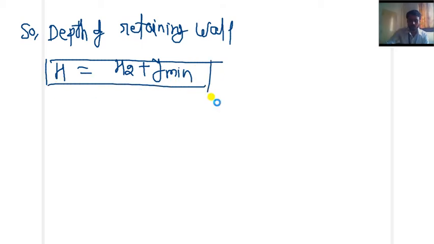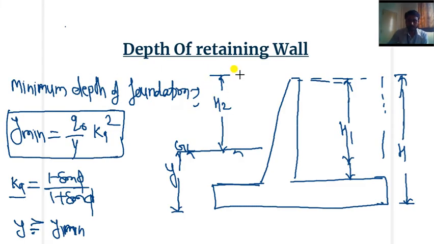Why? Because that particular depth from here to here we will know already, and that particular depth we have calculated here. By adding h2 with the Y minimum, we can get the overall depth of the retaining wall.